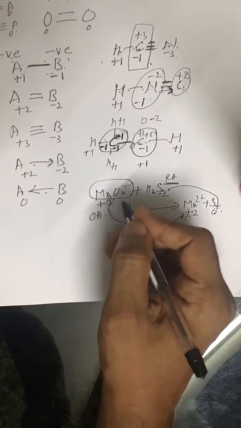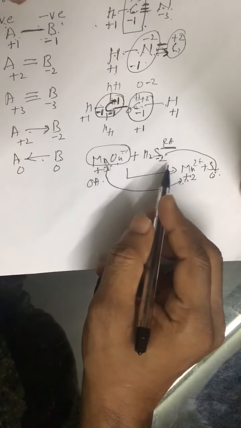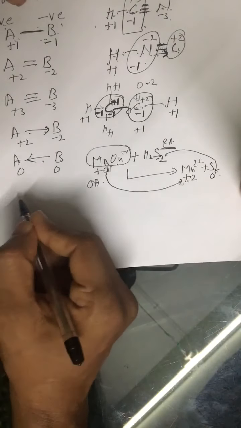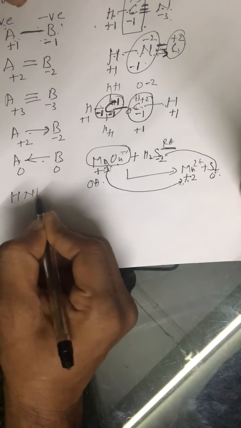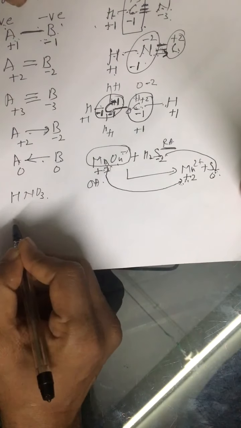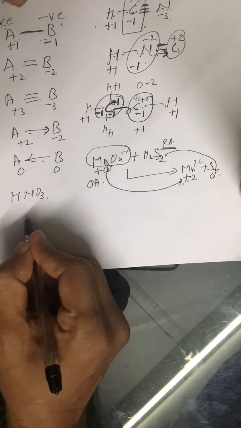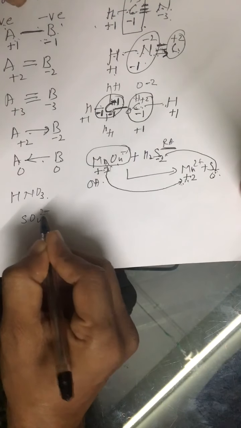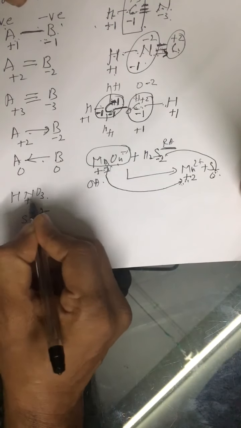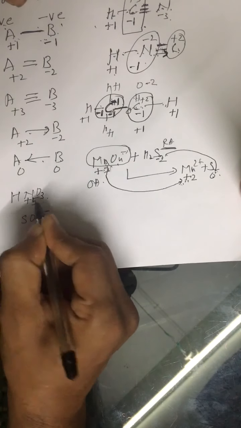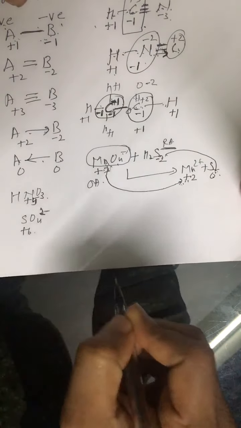And if we are not given a reaction, simply a compound like HNO3, or any ion, like SO4 2 negative, what is the function? Again the same thing: find out the oxidation state, +5 and +6.